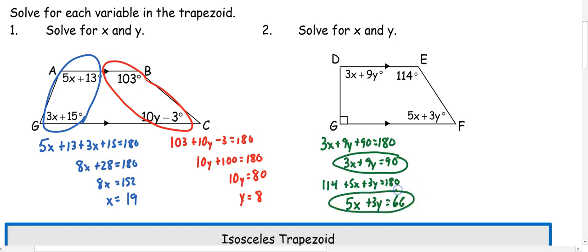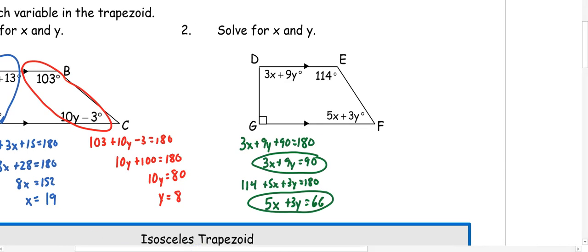So now that I have two equations, I can use those equations to solve a system. So I have 3x plus 9y equals 90, and 5x plus 3y equals 66. So in order to eliminate one of my variables, I'm going to multiply the second equation by -3.